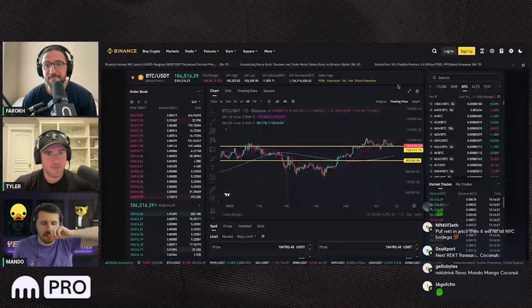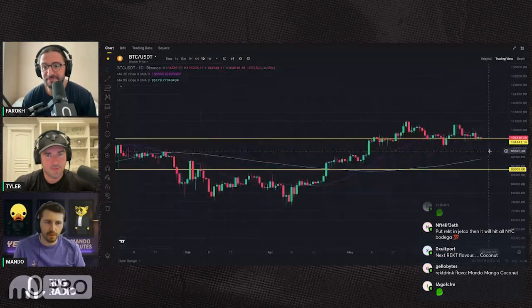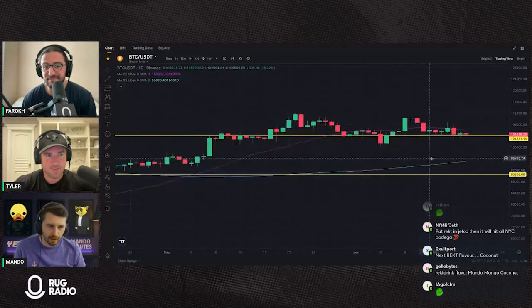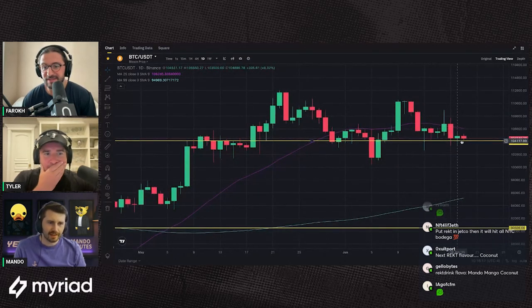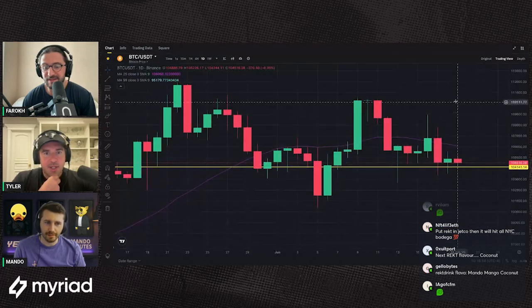I don't know if you were following the market at the time. The market barely moved, even during the press conference. Normally the FOMC is like bam, bam, bam, bam. It was just like, okay, went up and down a little bit, but a very, very quiet FOMC. Look at that candle versus the day before. That doesn't feel like an FOMC day to me.